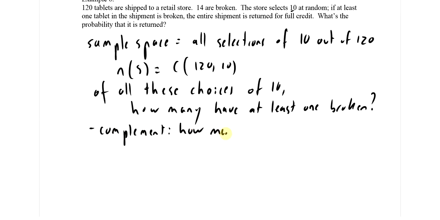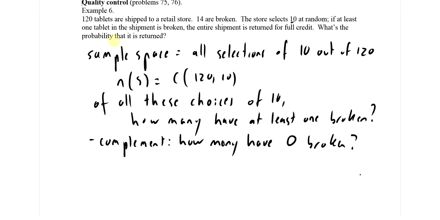How many choices of 10 have 0 broken tablets? Well, if we pick 10 unbroken tablets, there are 120 minus 14 equals 106 unbroken tablets.